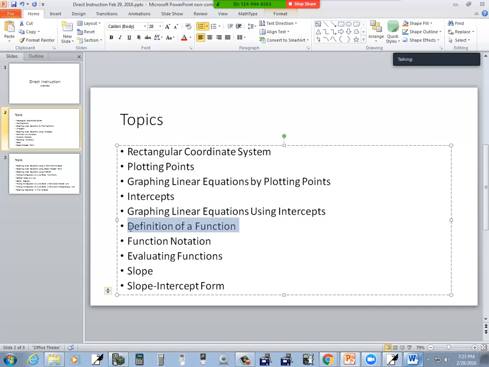Now we're going to go away from lines for a little bit, and we're going to talk about functions, and then we'll go back to looking at slope. Because functions are introduced here, so we can then talk about a linear function.